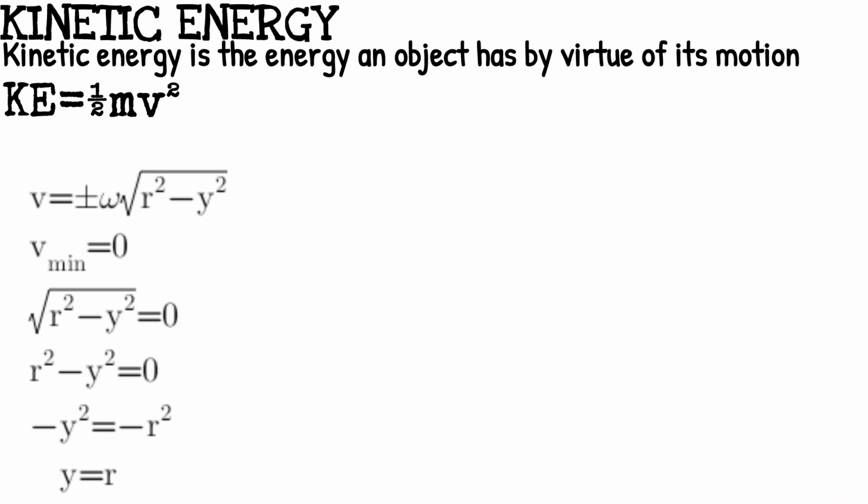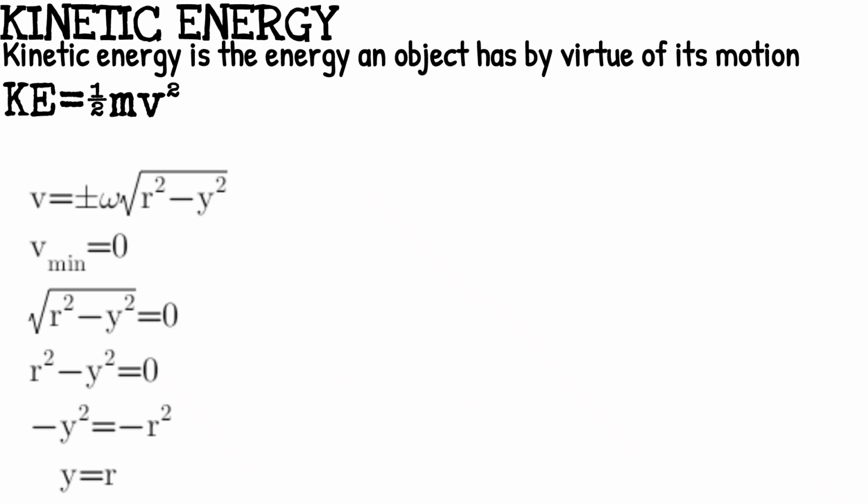That's how we know minimum or maximum velocities. Let's start with the minimum. The minimum is going to be 0. That's the lowest value velocity can have, 0.